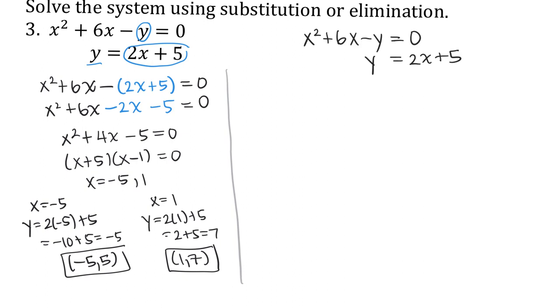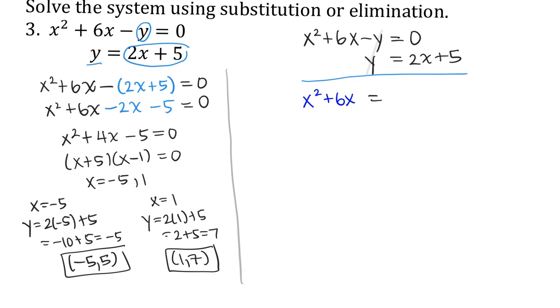Now if you chose to do elimination, if you were staring at these equations and you were like, wait, maybe the y's do cancel. They do cancel. This is a negative y and a positive y. So I can add down even though everything's kind of discombobulated. If I do that, I get x squared plus 6x. The minus y and the positive y cancel. I lined up my equal signs.